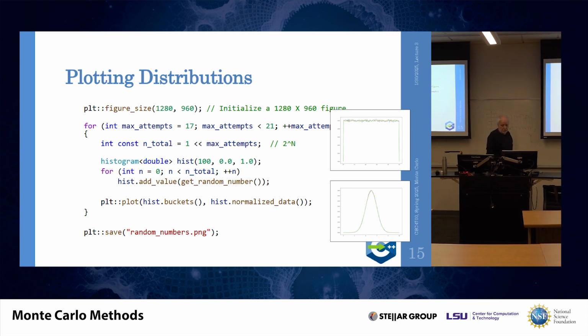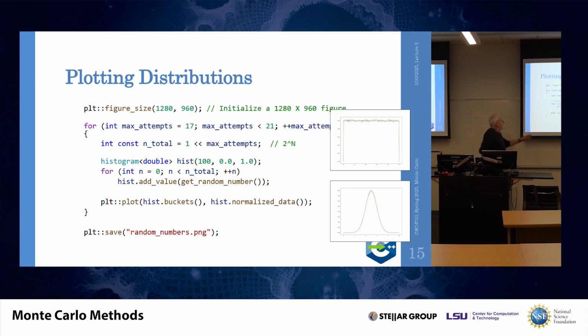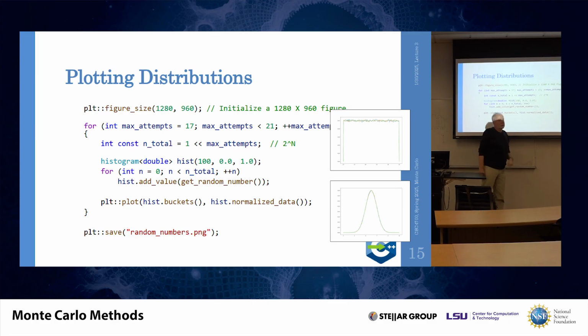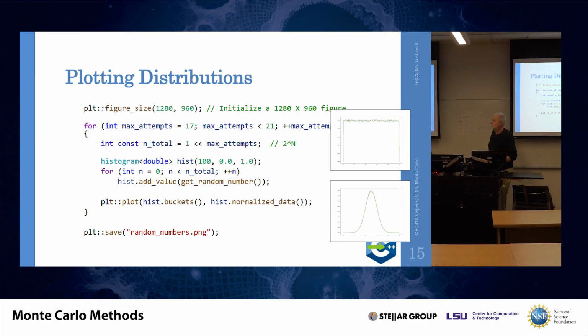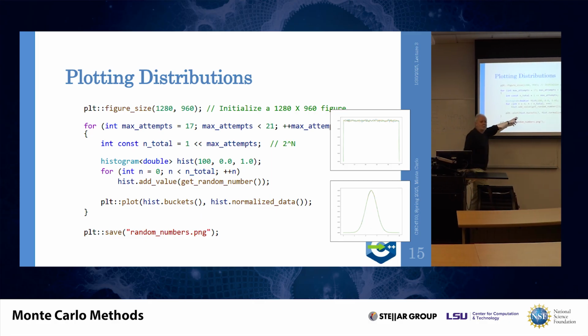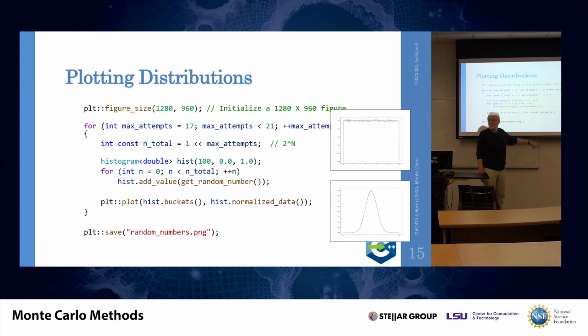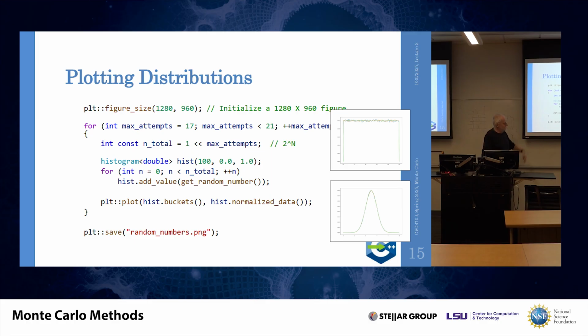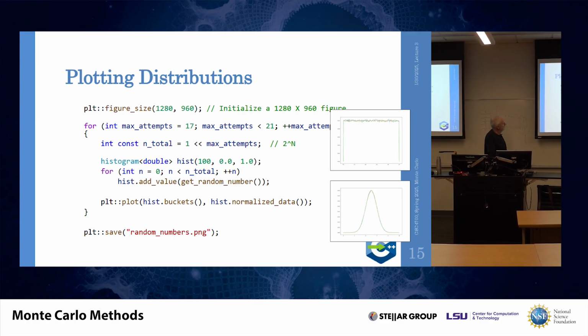So I create a new figure with that size. I plot the histogram where the x-axis is my list of midpoints of the histogram, and the y-axis is the normalized data on those points. And now you understand why I expose these functions from the histogram, so I can just pass them to the plot function so I get what I need. And then I save my plot.